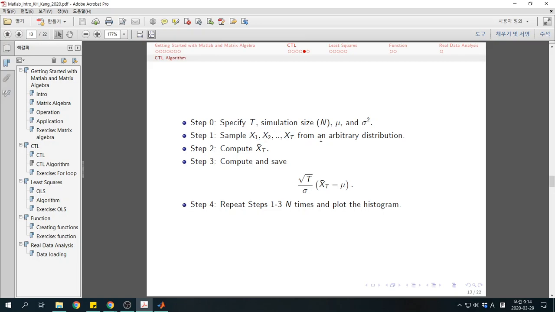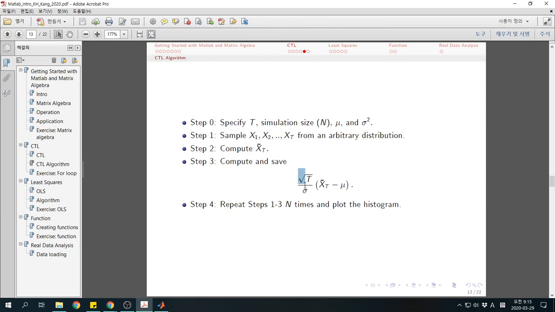Then we compute the sample average. Given the sample average, we can compute the normalized sample average. Can we do this? Do we have x bar? Yes. Do we know mu? Yes. Do we know capital T? Yes. Do we know sigma? Yes.